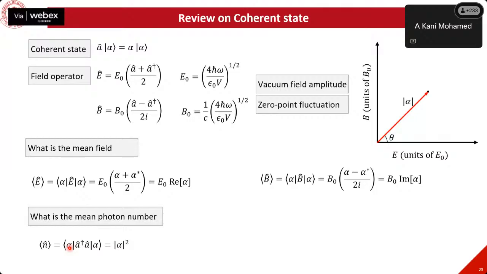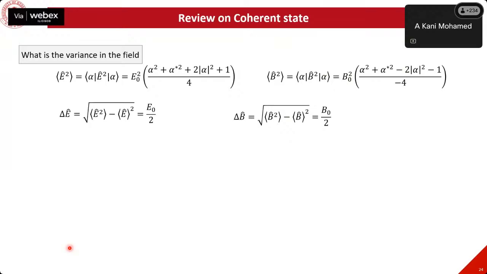But these are just the mean values. We are trying to estimate the noise or the uncertainty in our measurement. So we need to estimate the variance or the fluctuations or the uncertainty in the electric and magnetic fields. That's what we are finally going to measure. So let us look at the variance for electric field and magnetic field.